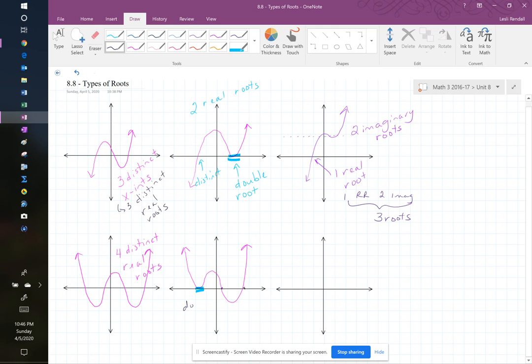So we have a double root, and we have 2 distinct real roots. And then if we add that together, we do get 3 real roots.